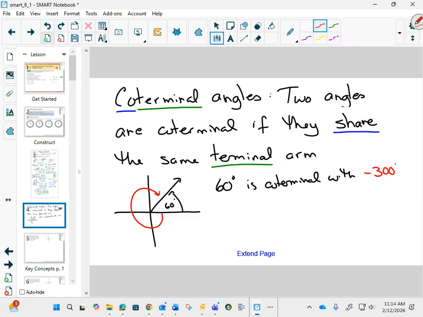So we would say 60 degrees is coterminal with negative 300 degrees. It's also coterminal with, I could start here and go all the way around and more. All the way around is 360 plus 60 more. This is 420 degrees. All three of those angles end at the same spot. And so if an angle ends at the same spot as something else, it's coterminal.